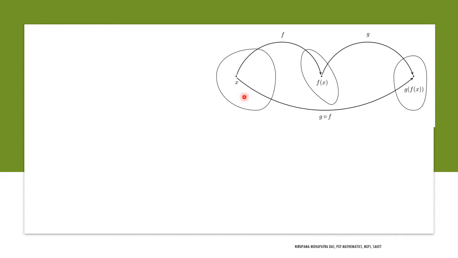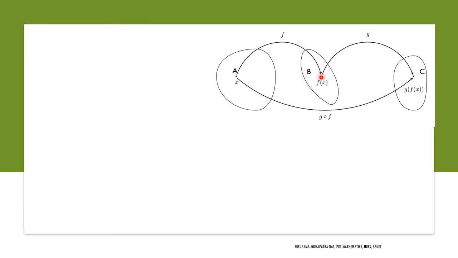I have taken three sets A, B and C. Also observe that x belongs to A, y belongs to B, z belongs to C, and f is a function from A to B, g is a function from B to C. So whenever f is a function from A to B, for every x belongs to A, we have y equal to f(x).